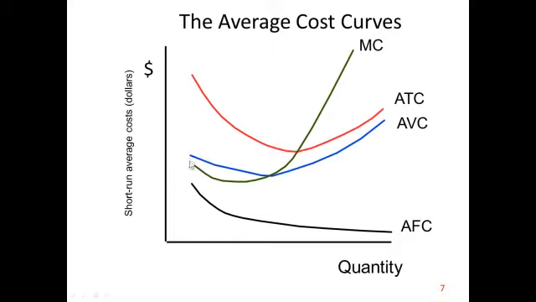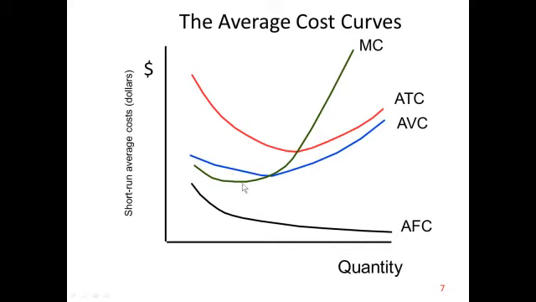Now, same point of origin as AVC, and very importantly, please note, it must by arithmetic necessity go through the minimum points of AVC and ATC. But in particular, remember that the relationship between our marginal and average values is that as long as the marginal value is less than the average, the average will continue to fall.